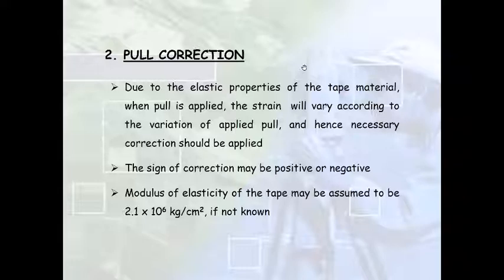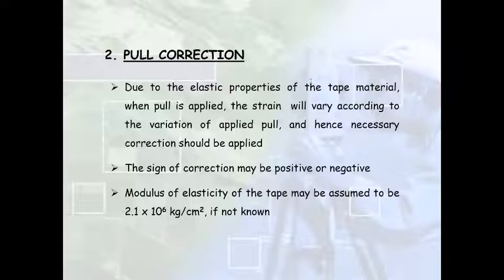So you must have noticed that when you hold the measuring tape at an elevation, there is a sag in the measuring tape, and when you apply the pull, that sag keeps on diminishing. So if you keep on applying the pull, the tape keeps on expanding longitudinally like a rubber. So when it stretches, that means error is introduced in that measurement.